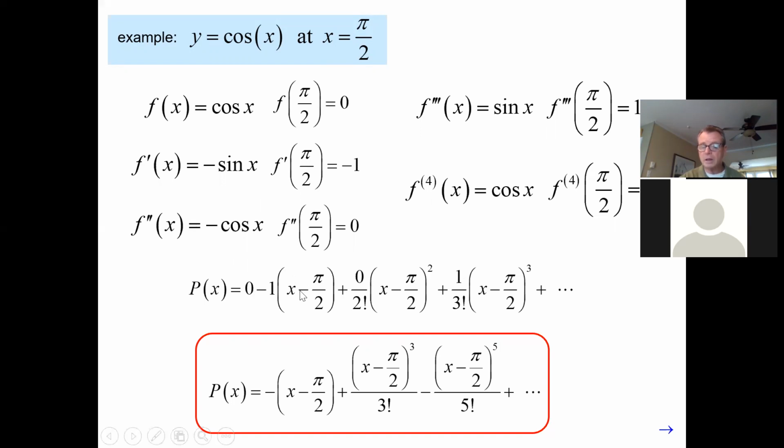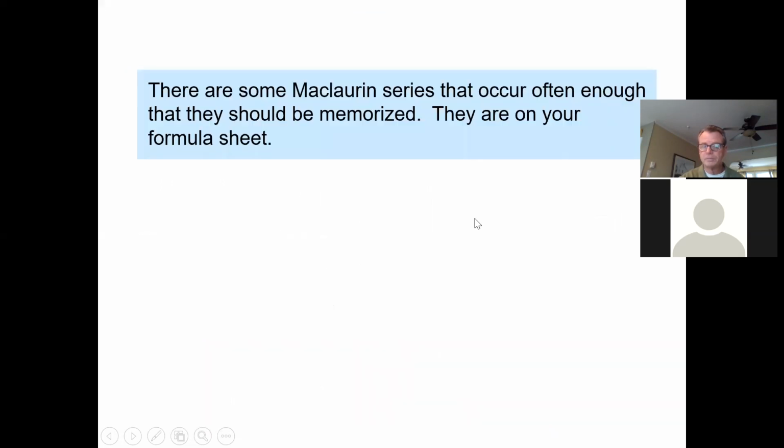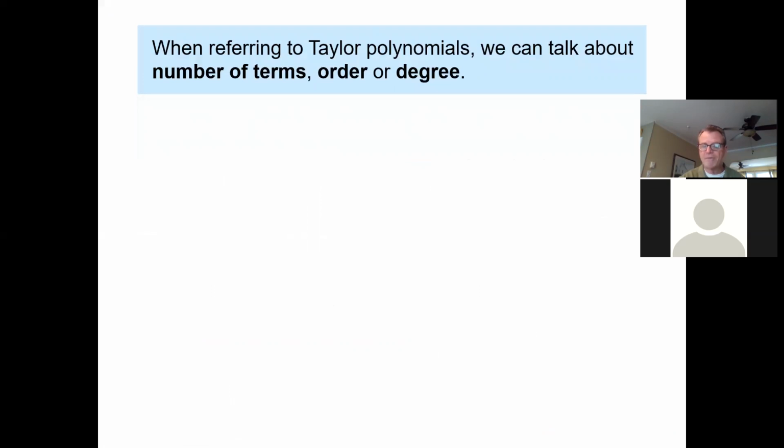And instead of an x, you have x minus pi over 2 because you're moving it pi over 2 to the right. And then what happened? Well, you lose the symmetry here if you're centering this about pi over 2. So now you have the odd powers.